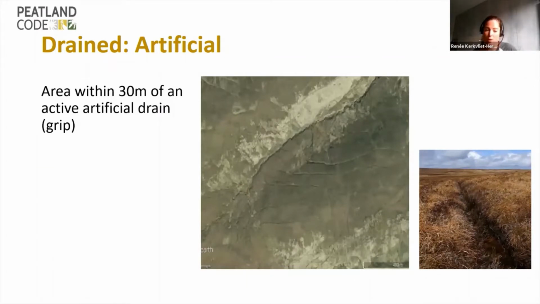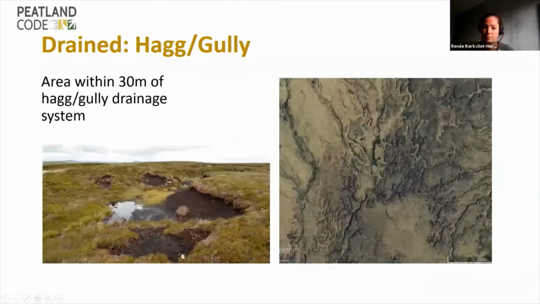So therefore we've got a quite conservative buffer area around our drains. On the left you can see an aerial of drains. This is the same as earlier, the hag and gully system, and we also have that 30-meter buffer around hags and gullies because they have a similar draining effect.